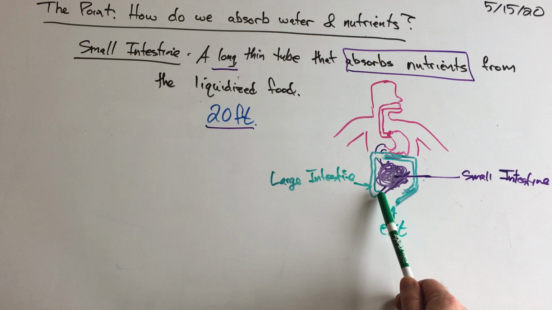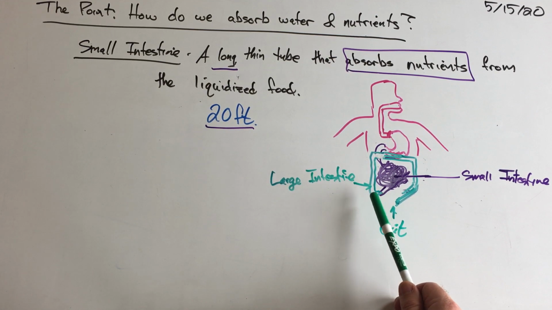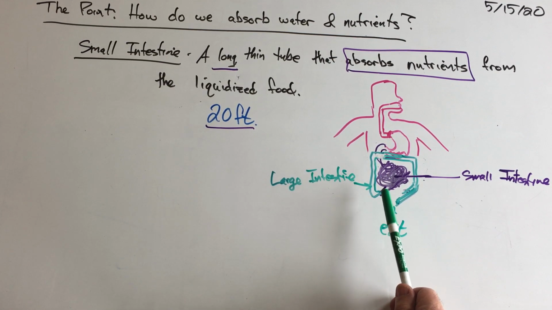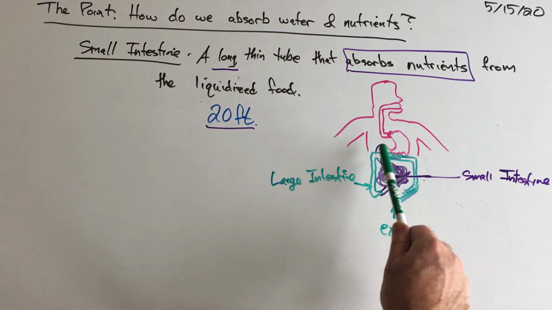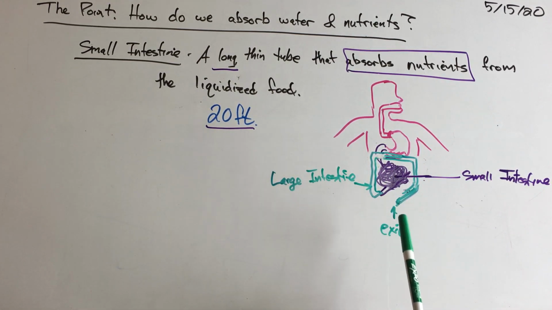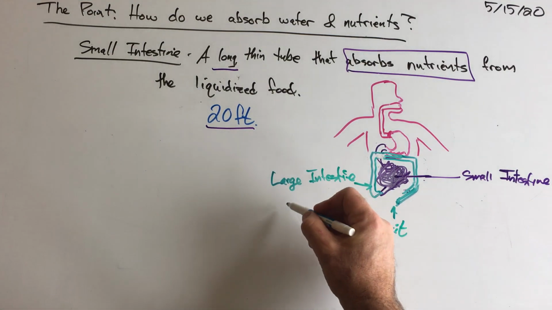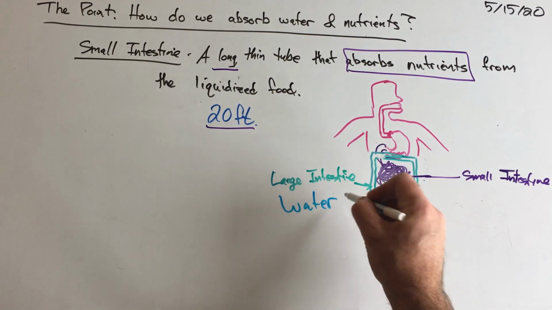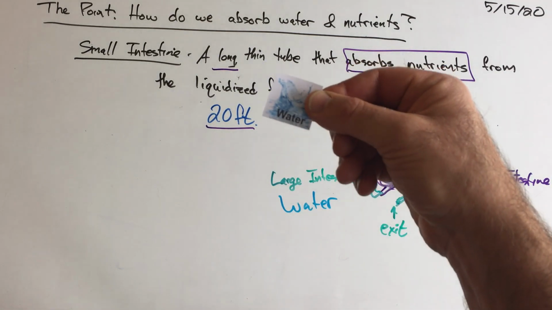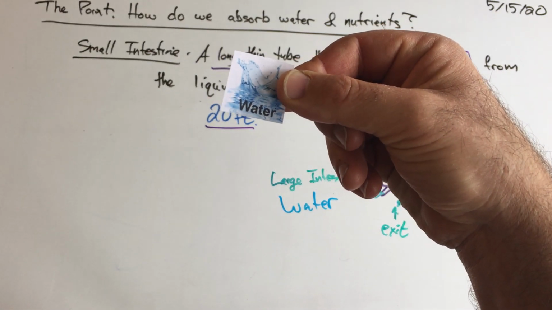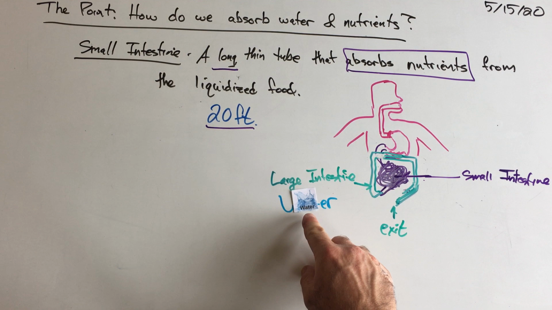Once it enters the large intestine, you are done absorbing nutrients and it is all considered waste. So this is all to be poop. Everything in the large intestine is going to end up being pooped out unless you are what? Oh, that's right. Water. Delicious water. That's what the large intestine does.